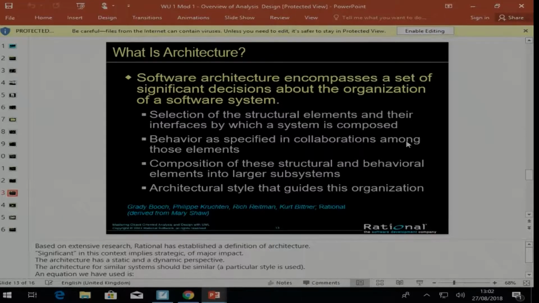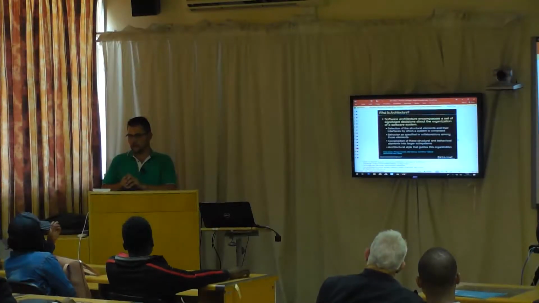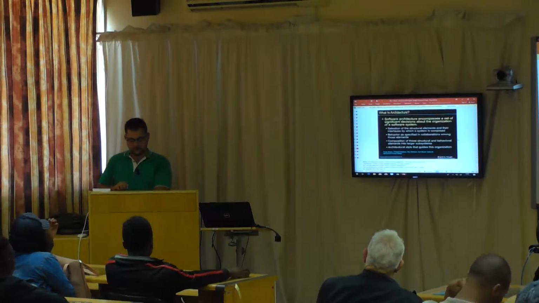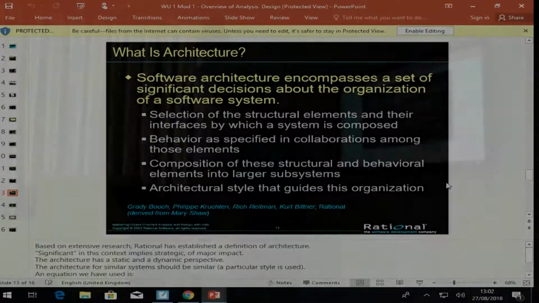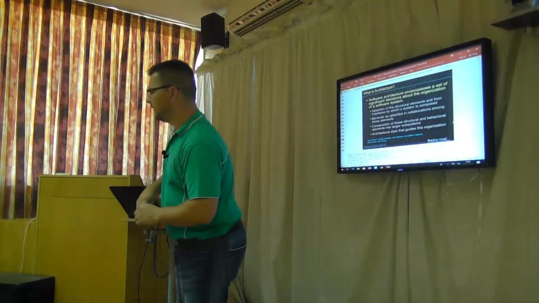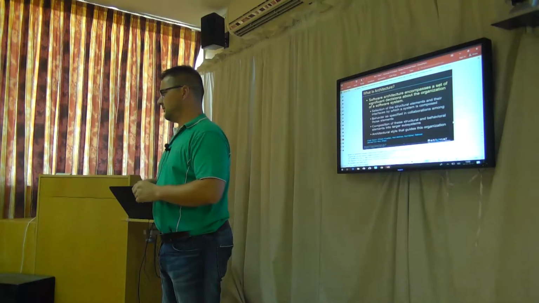Then the composition of our structural and behavioral elements, possibly even into a larger system. How is it being put together to create our total system? Then lastly, it also needs to look at the architectural style that guides this organization and the design process. Okay. So those are the main things which we are looking for when we start to look at the architecture.